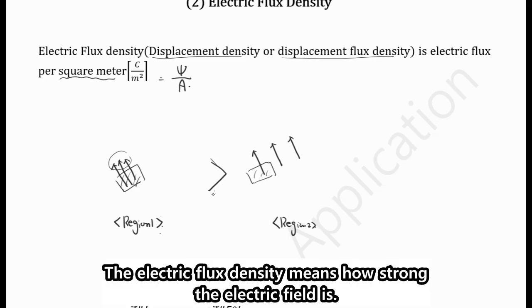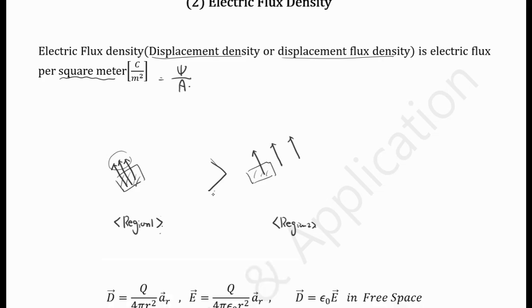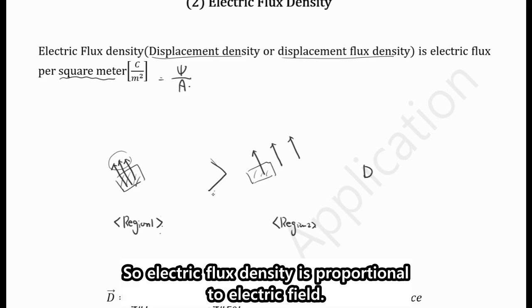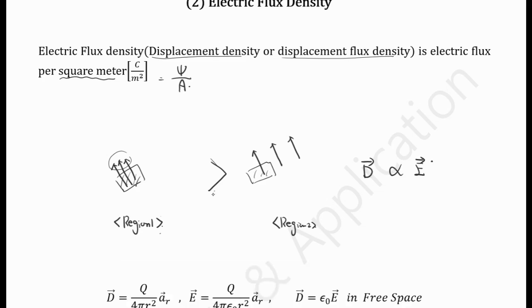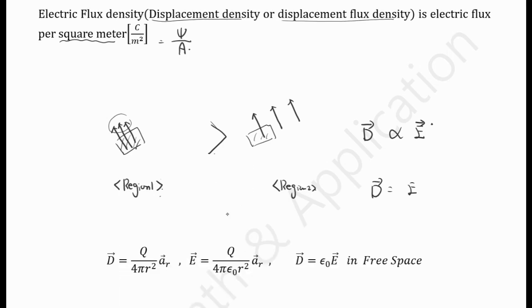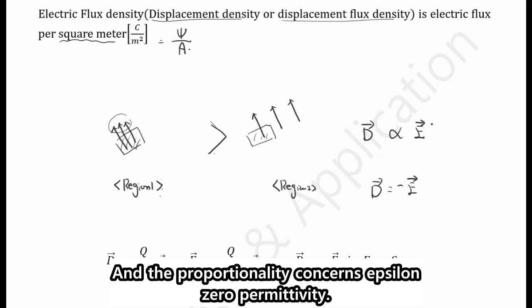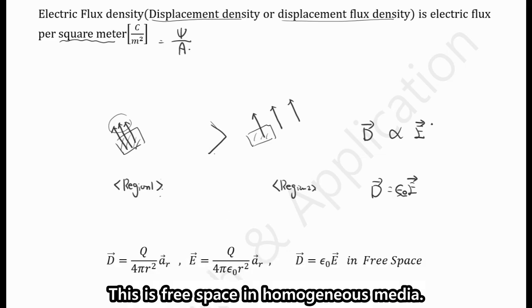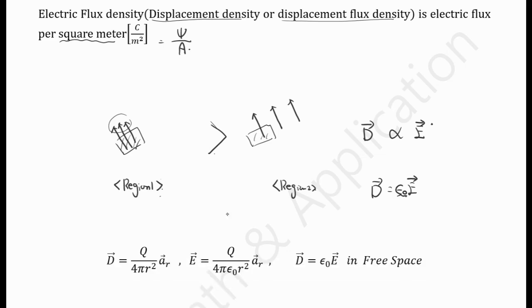So electric flux density is a measure of how strong the electric field is. Electric flux density is proportional to electric field. The relation is that electric flux density D equals epsilon 0 times electric field E, where the proportionality constant epsilon 0 is the permittivity of free space, in homogeneous media.